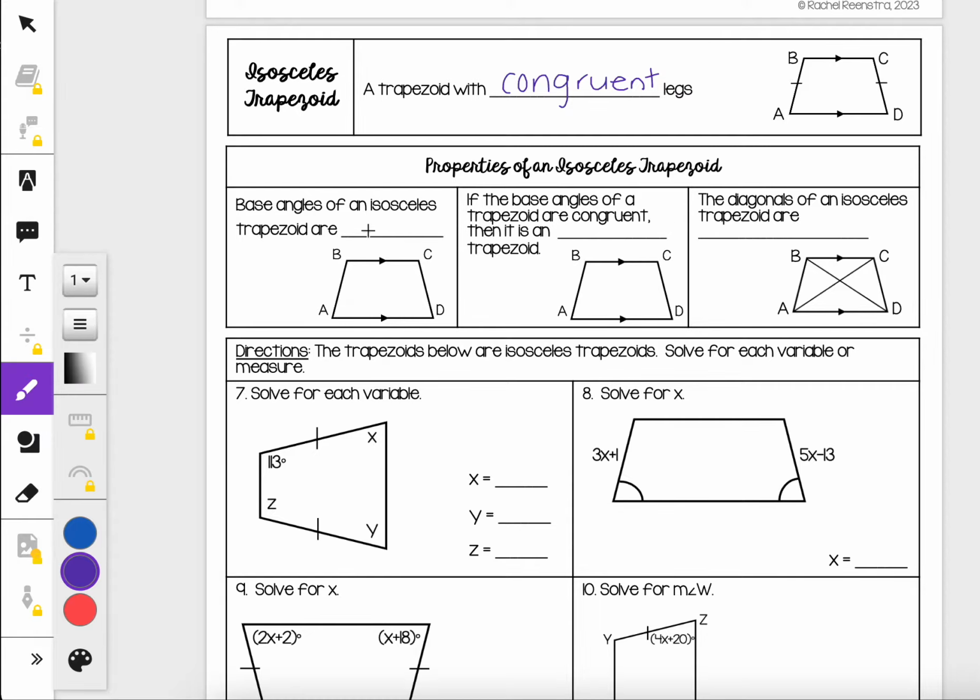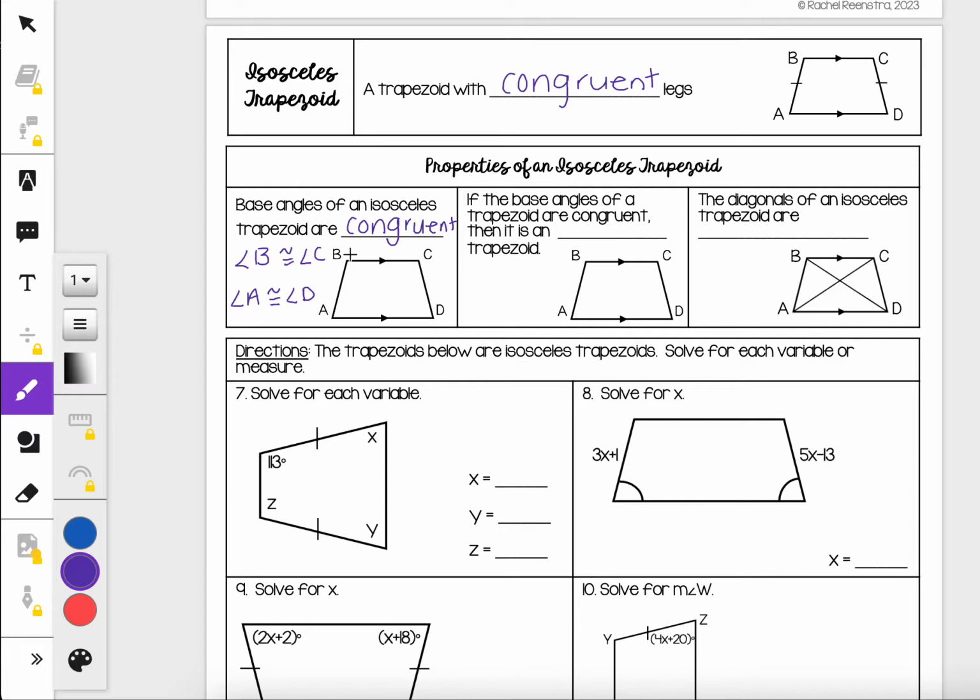Now, isosceles trapezoids are going to have more properties than a regular trapezoid. So the first is that the base angles of an isosceles trapezoid are congruent. So in this example here, angle B is congruent to angle C, and angle A is congruent to angle D. You still have that same property with the consecutive angles that are not base angles.